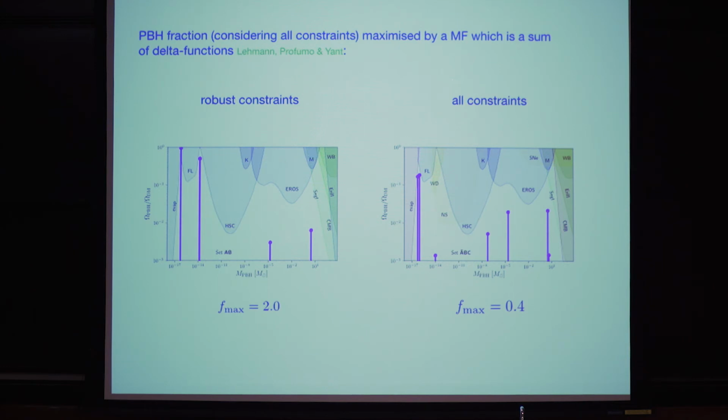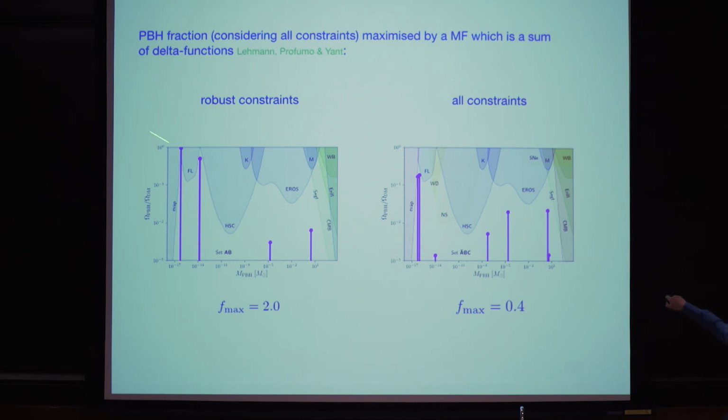So they've shown that the best case scenario for satisfying all of the constraints is to have a mass function which is a sum of delta functions with different masses. This is something that theoretically no one has any idea how you produce, but they're asking the in-principle question: can you satisfy all of the constraints?